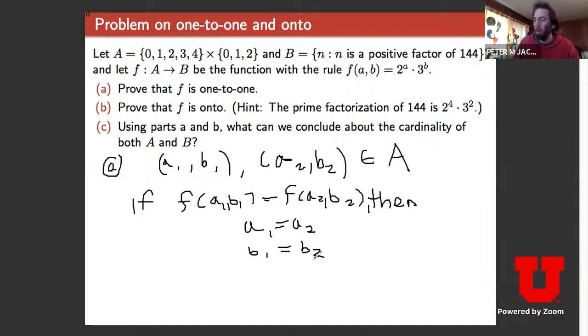That is what we want to show. So this is our goal.